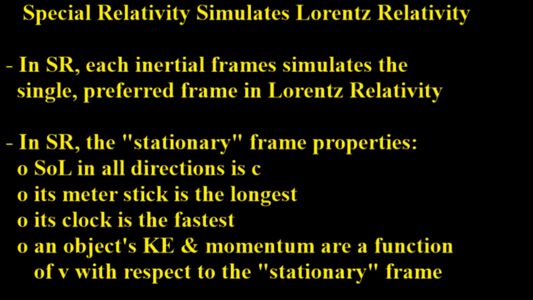In addition, if an object was moving with respect to that single preferred frame, the ether rest frame, it would physically contract in the direction of its motion with respect to the ether frame.